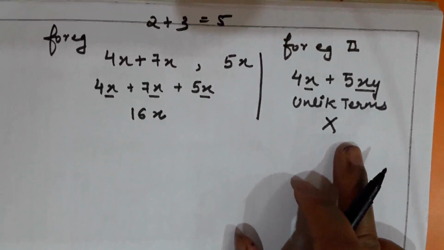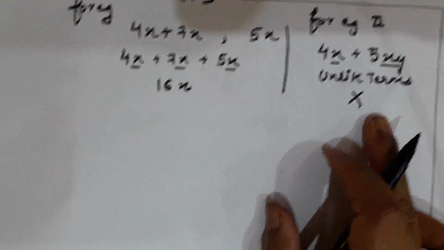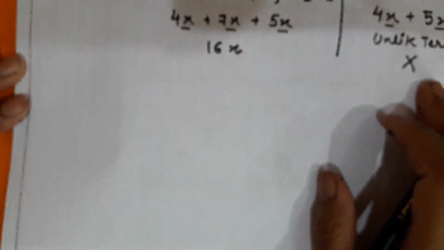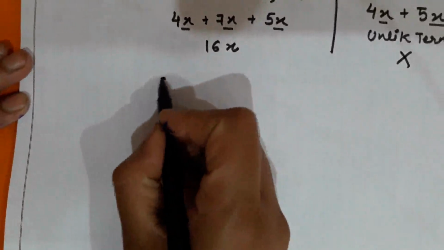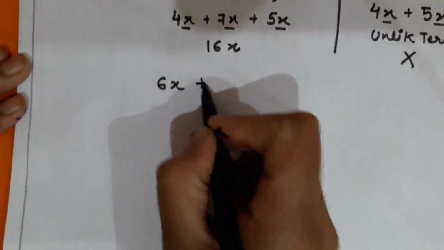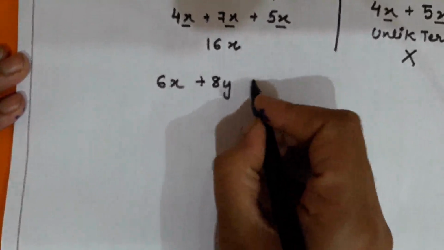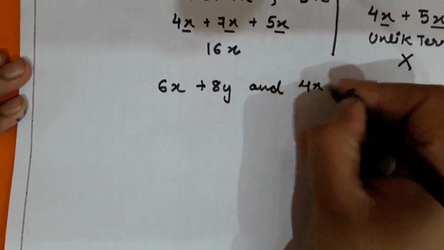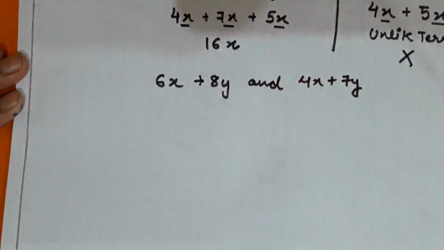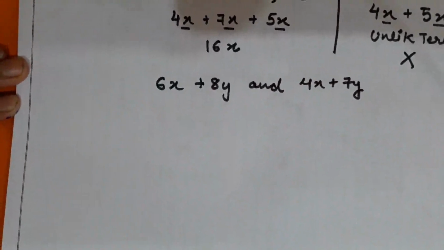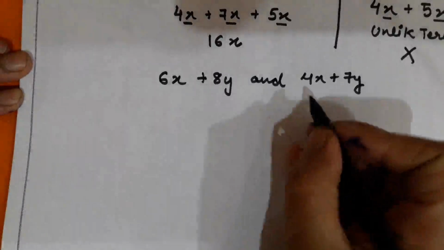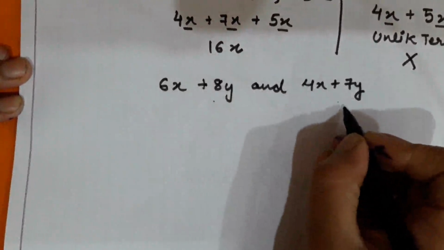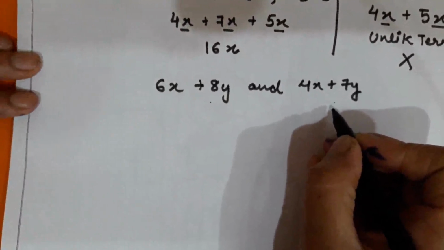Okay, now again have one more example. Let's see. 6x plus 8y and you have 4x plus 7y. So we need to add both of them. So when we add both expressions, we have to take like terms together.